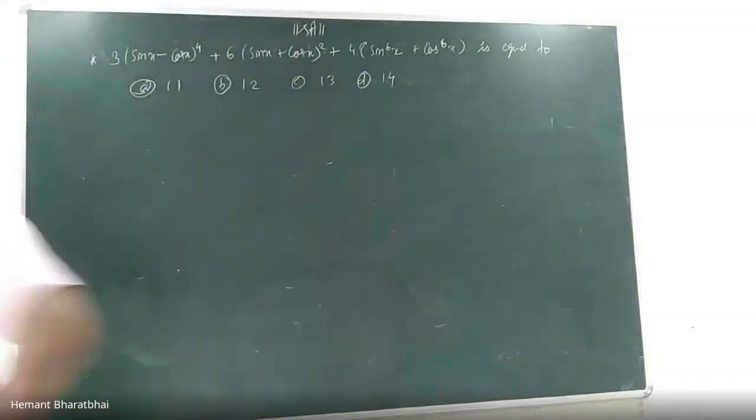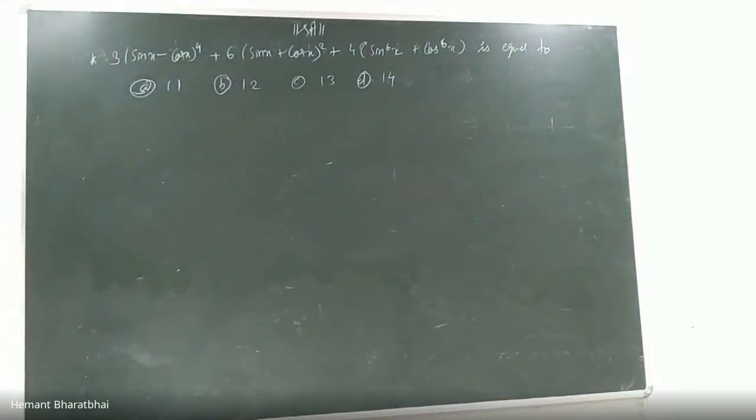Let's write it out first. These terms are very big and it is going to take a lot of space, so I'll break and find out the values and then I'll substitute the values in the given question.